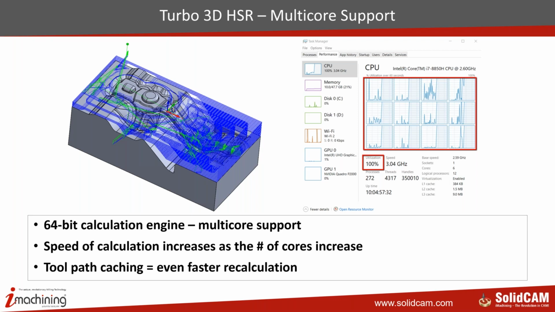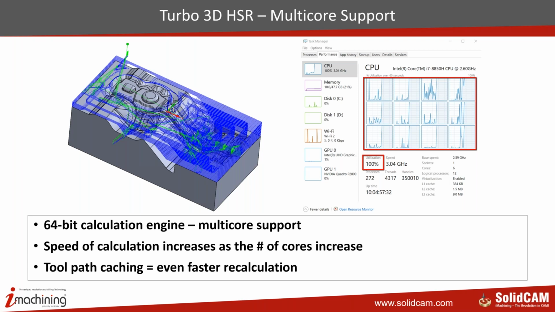It also supports multiple cores, so your speed of calculation increases as the number of cores increases. If you are generating the same toolpath on a system with 6 cores or 8 cores, the speed of calculation will vary depending on the number of cores. It utilizes 100% of all the cores available in your system.